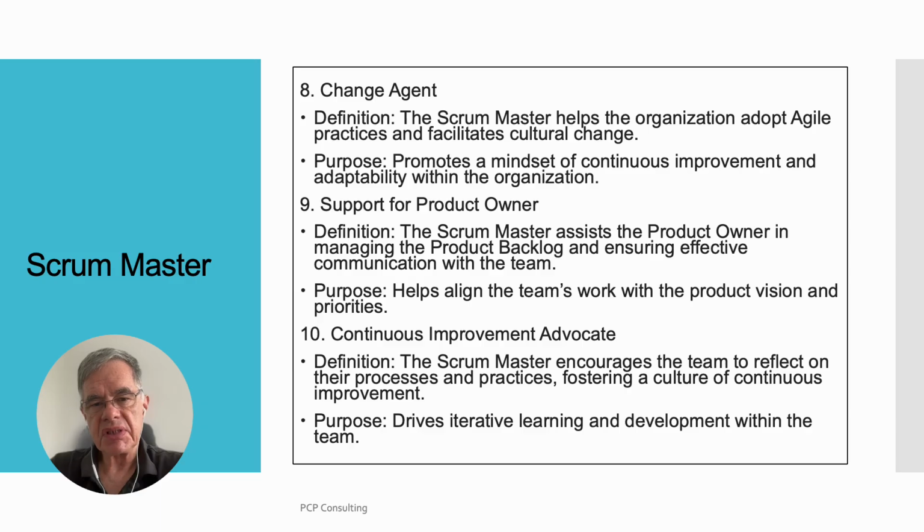The Scrum Master assists the product owner in managing the product backlog and ensuring effective communication with the team. Helps align the team's work with the product vision and priorities. Continuous improvement advocate. The Scrum Master encourages the team to reflect on their processes and practices, ensuring a culture of continuous improvement. Drives iterative learning and development within the team.